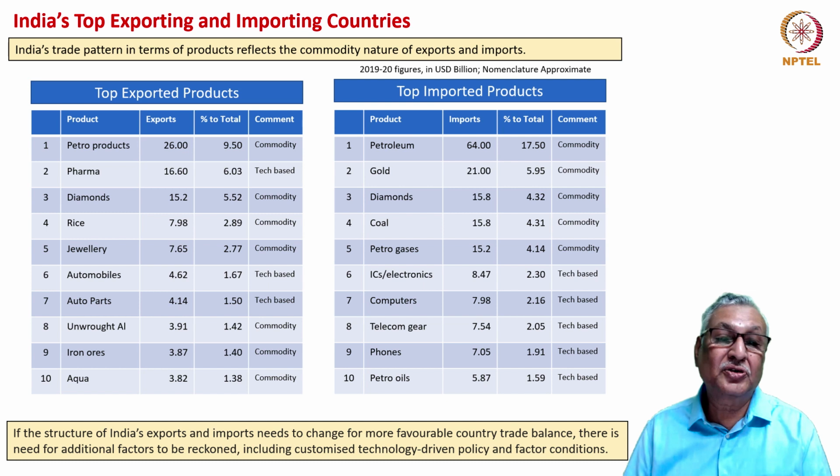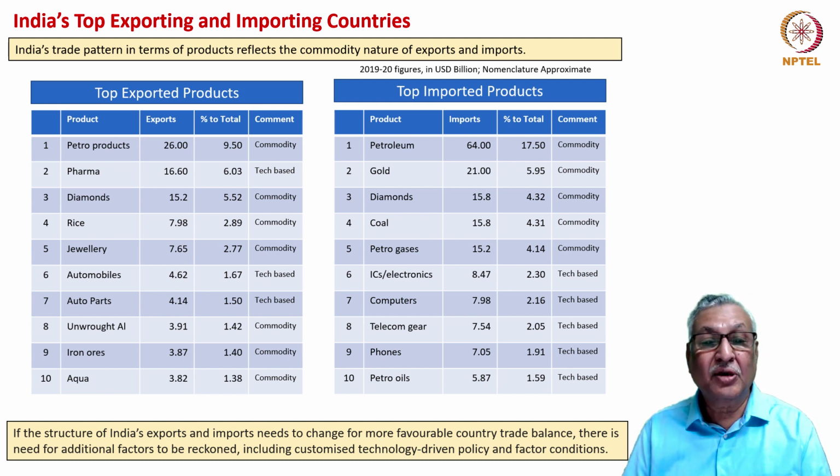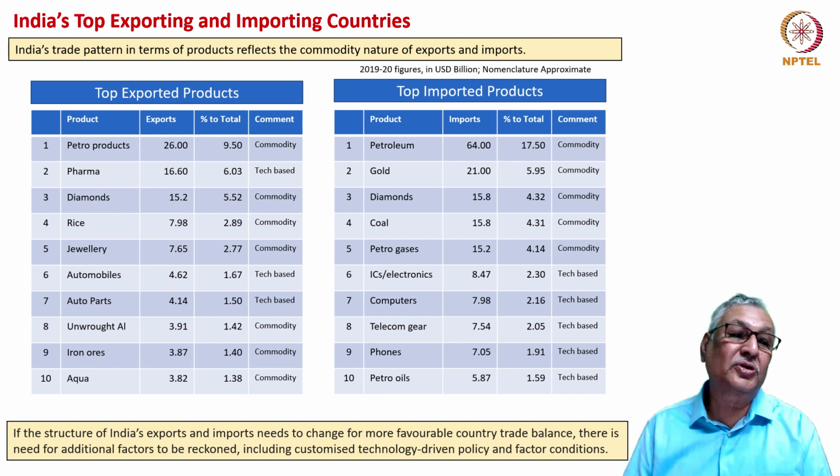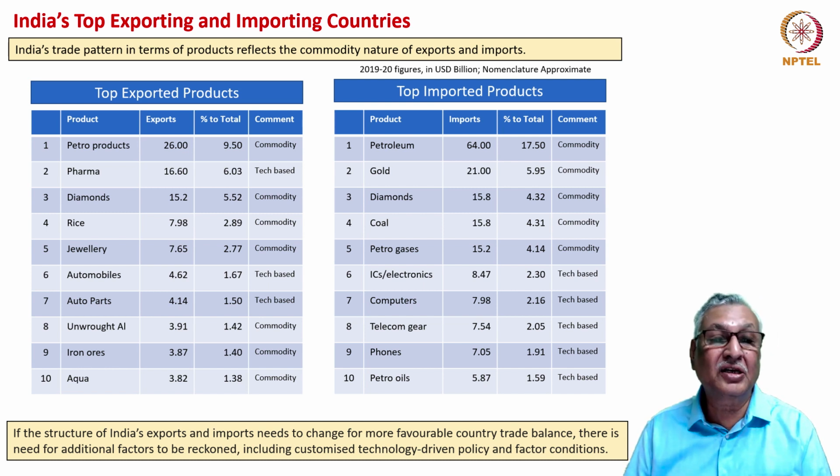Diamonds, where we have natural advantage in terms of creating designs and manufacturing diamond products, we are high, 5.52%. Agricultural exports is 2.89%. When we look at this, you will find that commodity-based products are exported more from India rather than tech-based products. The only tech-based product which is pretty high in terms of percentage to total is pharmaceuticals.